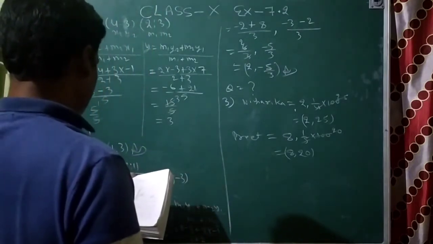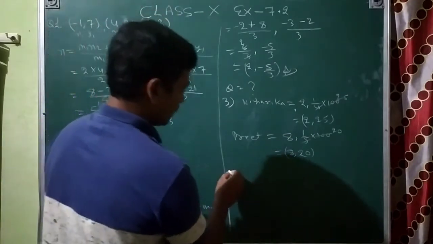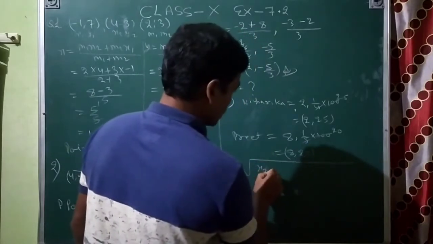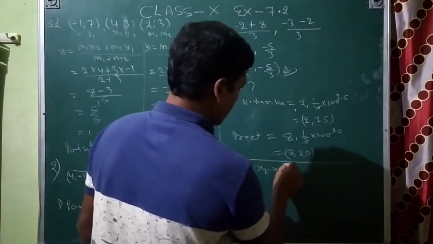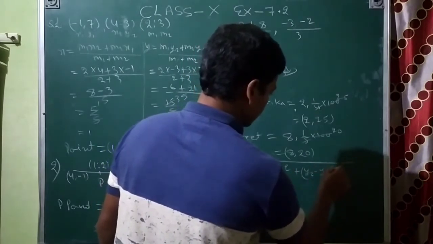Now what is the distance between both flags? For distance we use the distance formula: square root of (x2 minus x1) square plus (y2 minus y1) square.